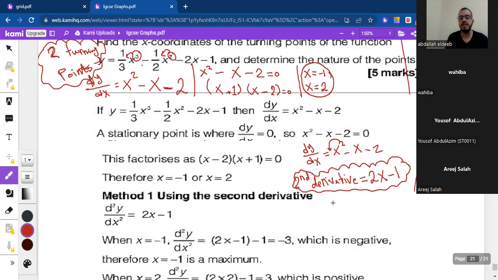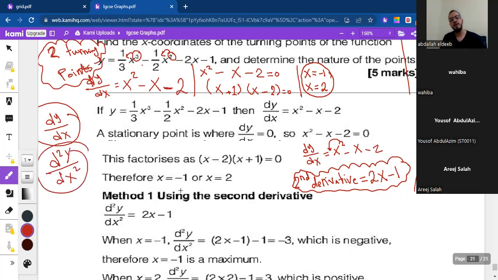By the way, if dy by dx is the first derivative, you can write the second derivative like this: d2y over dx squared. This is the first, and this is the second derivative. The second derivative means you differentiate again.